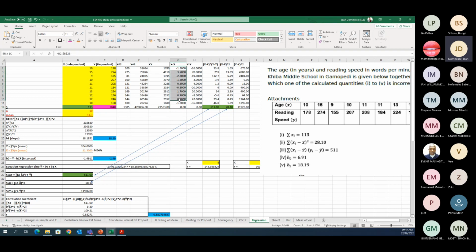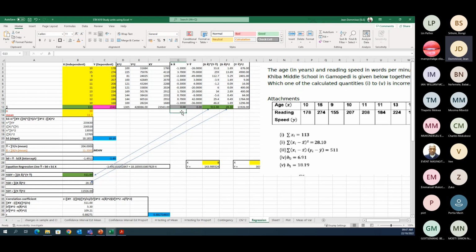So if you do the sum, and that might be one that would try to catch you out, the sum of x minus the mean will always be 0. The same with the y's. Okay, so that's two of the things that is quite interesting.